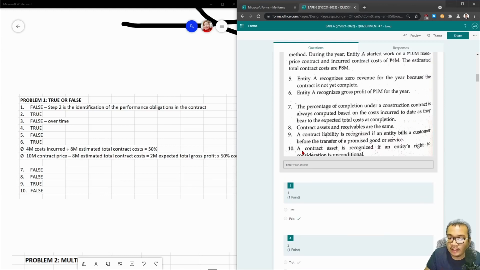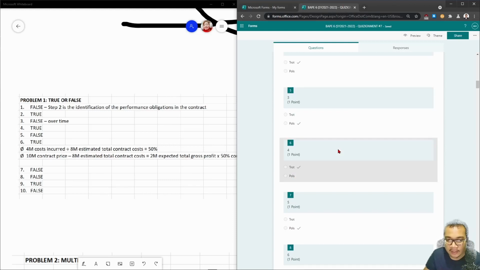Number 10, a contract asset is recognized if an entity's right to consideration is unconditional. Gaya na sabi natin dito sa number 8, ang main difference ni contract assets and receivables, contract assets, conditional siya. Receivables, unconditional. So, false tong si number 10. Kasi contract asset, unconditional lang daw.